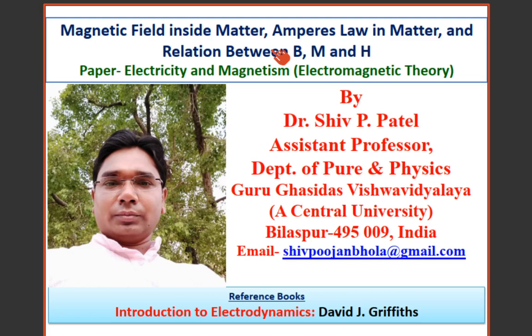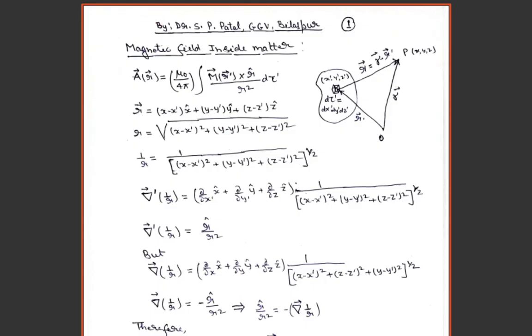Okay, so in this lecture we'll move forward from the point where we left off: we calculated the magnetic vector potential inside matter, then I gave the physical interpretation of the bound currents, and then I solved some numerical problems based on the bound current and magnetization. So in today's lecture, we will try to solve and calculate the magnetic field inside a matter.